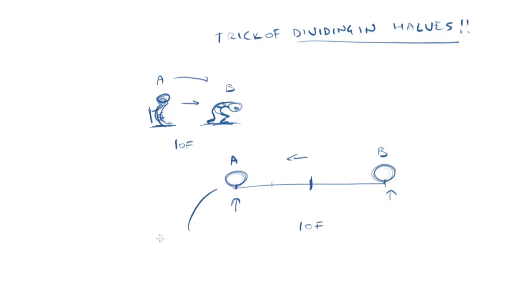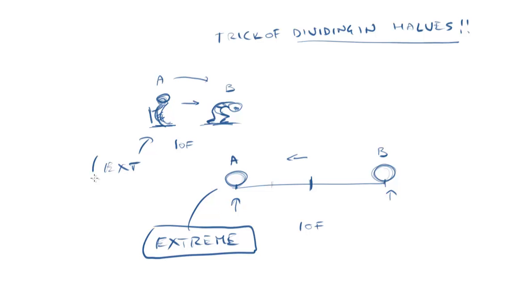Let's say this is the extreme pose, the extreme storytelling or the key pose. So these both are the extreme poses. The trick is to create a pose right in the middle, and then to go towards the extreme from that pose and keep dividing in half till you reach that pose.